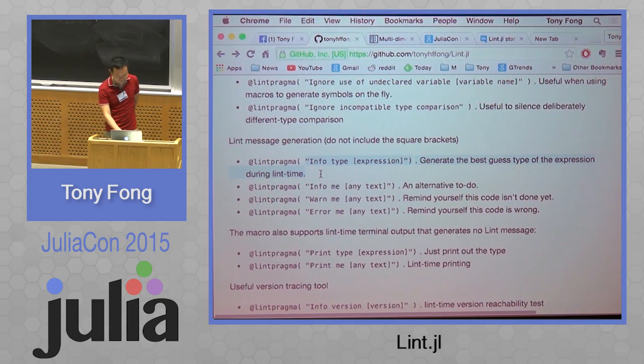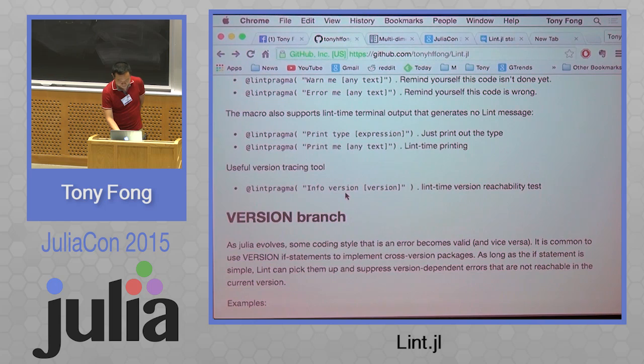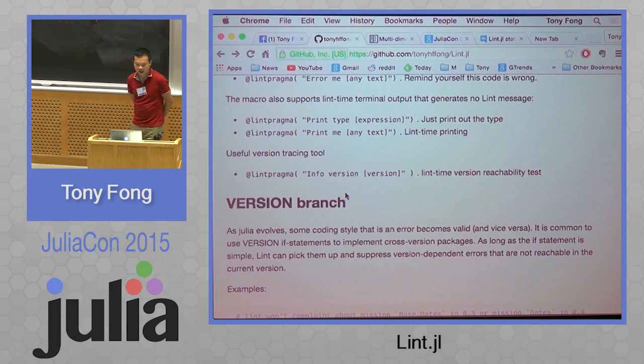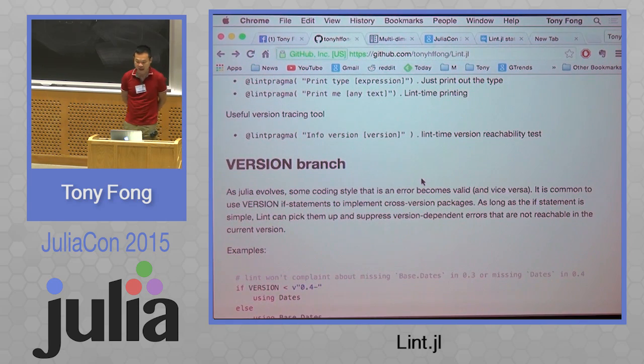That's quite useful. Also, Lint pragma info version, whatever version number it is, will tell you whether or not, if it's running in that version, it will reach that piece of code that contains that pragma. So for certain compatibility analysis, this can be helpful.